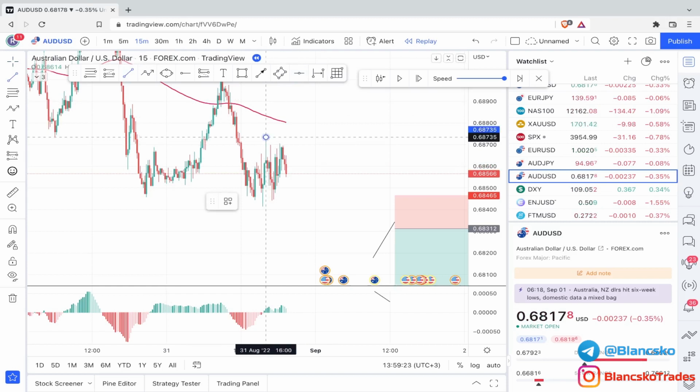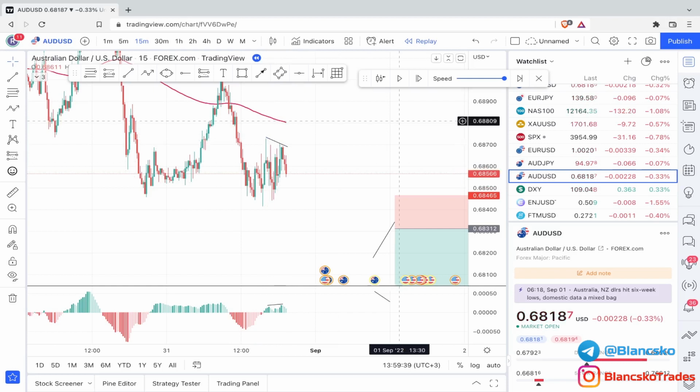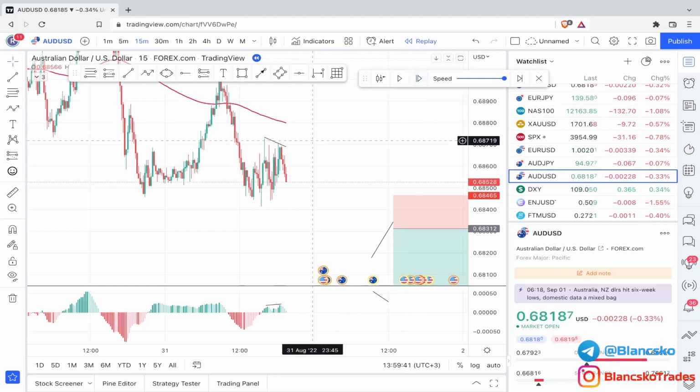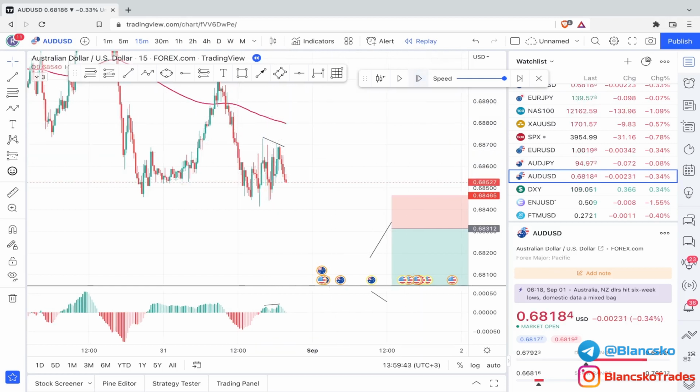So here what do we have? We have a high and a lower high, but on the MACD we have a higher and a higher high, so we created a divergence. Of course, if this seems a bit iffy for you, then you can just not take it. There are going to be a lot clearer setups than this one, but the divergence can be seen.